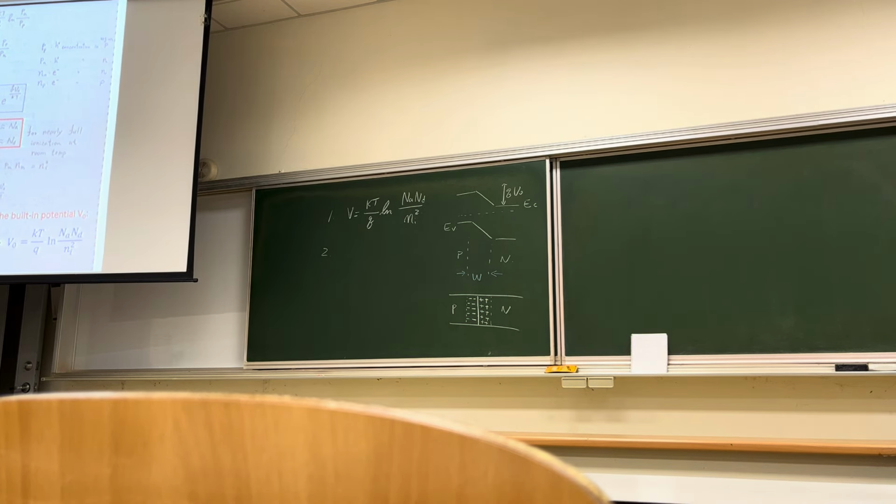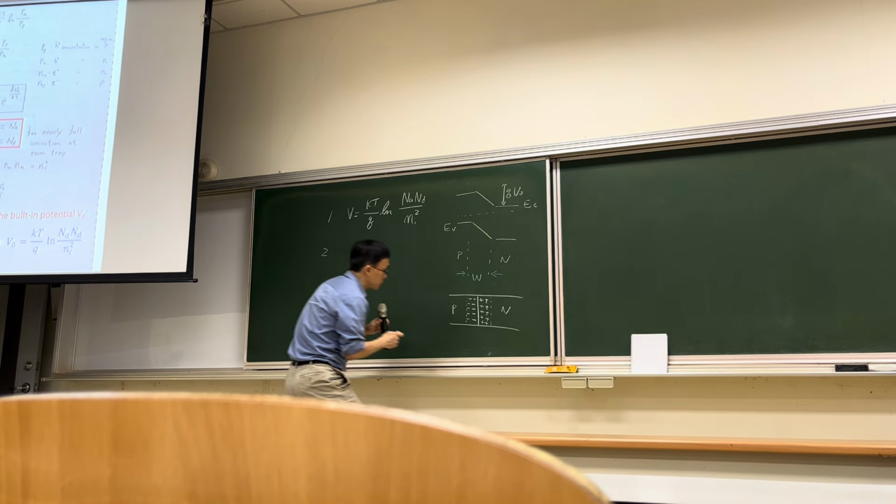Is it NA, ND? Yes. NA negative, ND positive. NA is the acceptor concentration for the P-type, and the ND is the donor concentration for the N-type. These are the two charges not movable, which is the reason for this space charge.